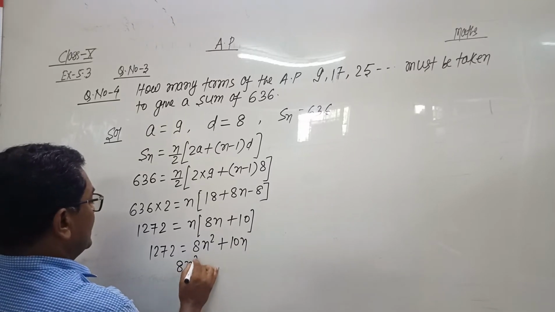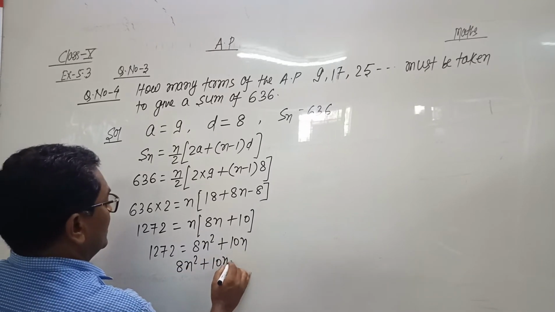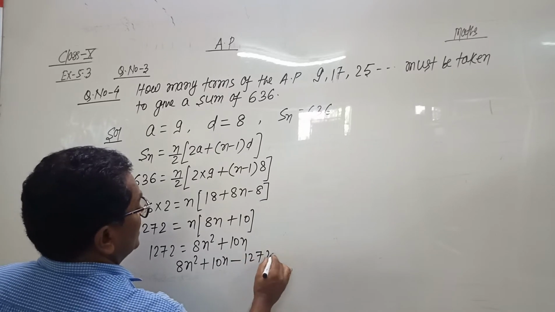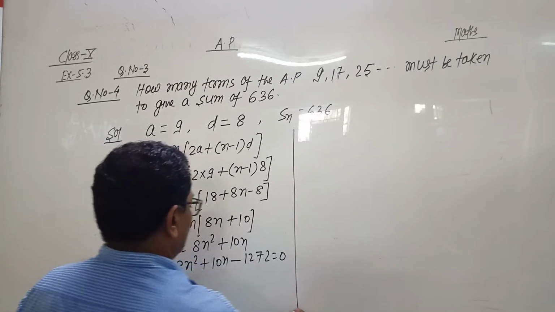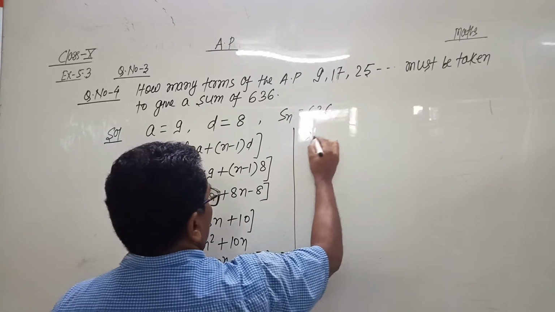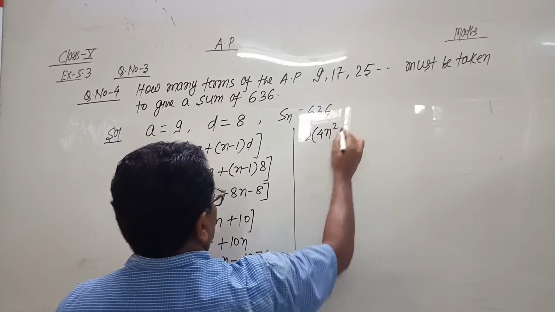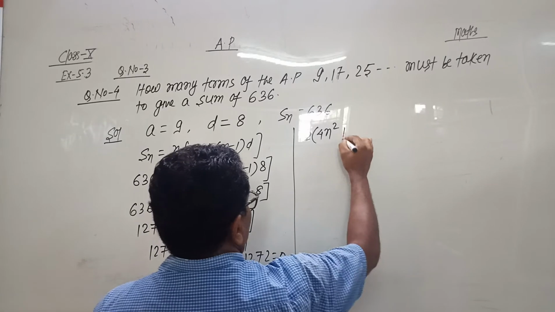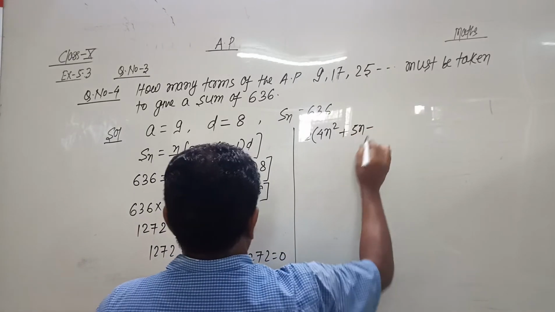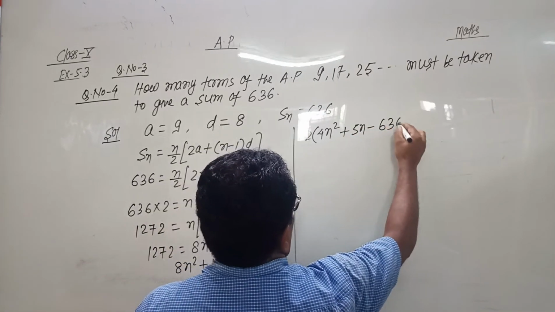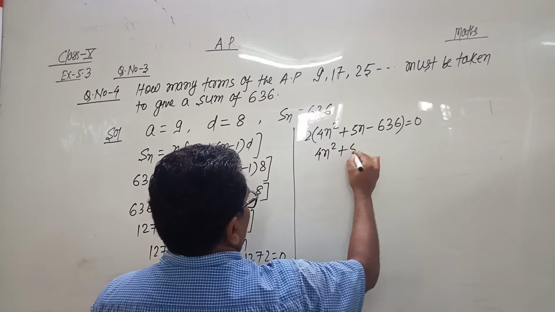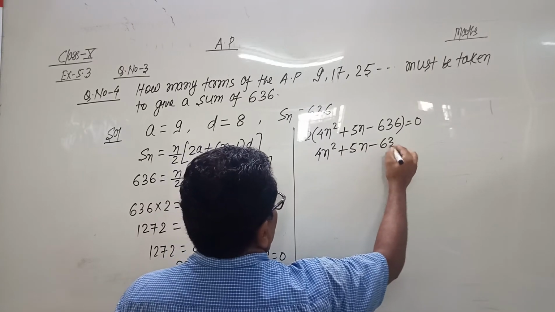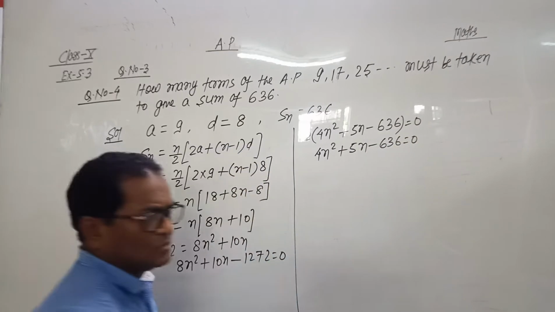Then 8n square plus 10n minus 1272 equals 0. Taking 2 common, we get 4n square plus 5n minus 636 equals 0.